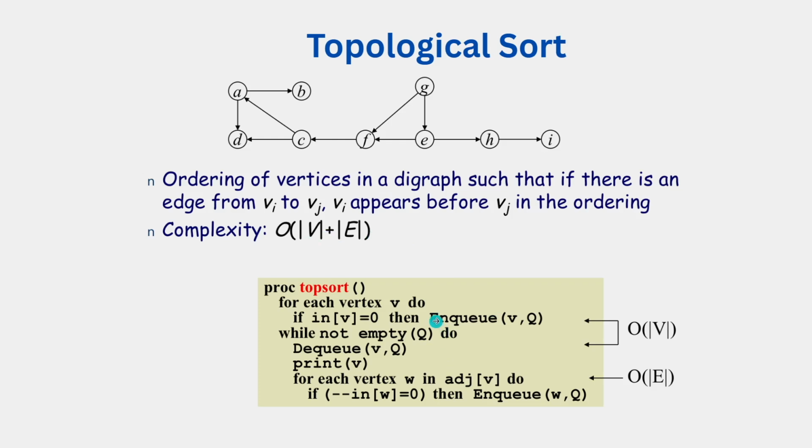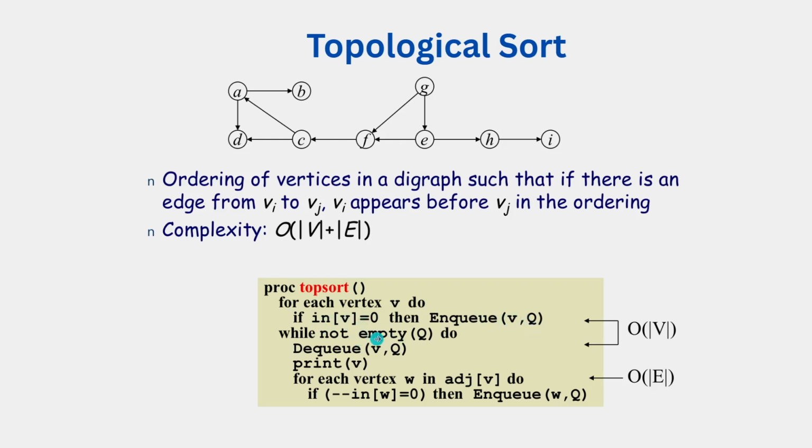For implementing this topological sorting, we usually go for a queue. Initially we pick up a vertex whose in degree is 0. In degree is 0 in the sense that the vertex does not have any edges flowing into it. We are supposed to pick up one such vertex whose in degree is 0 and add it to the queue.